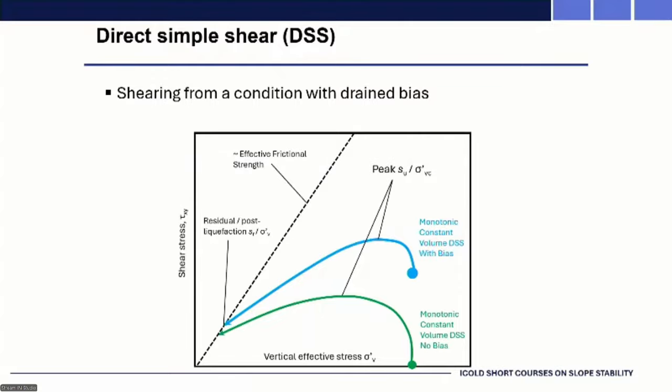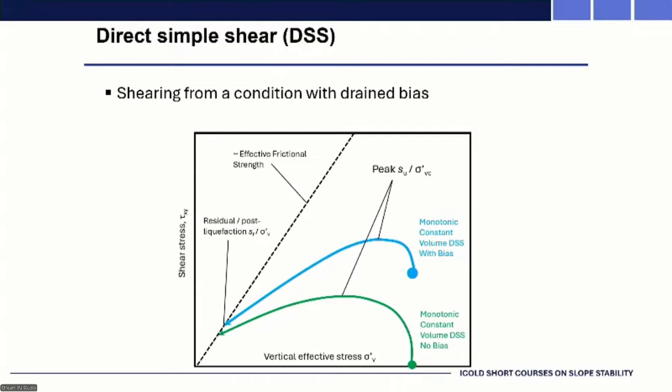The bottom line is K0 consolidated. There's no initial shear stress. It's then monotonically loaded in shear, as opposed to the second sample, consolidated to the same vertical effective stress, but with some shear at the same time. So it's under bias, and you can see you get more brittle behavior again.